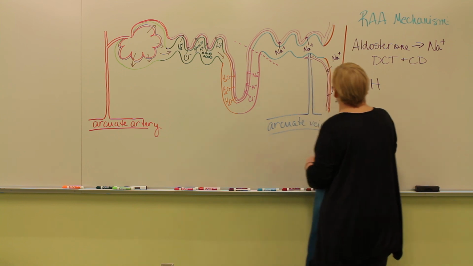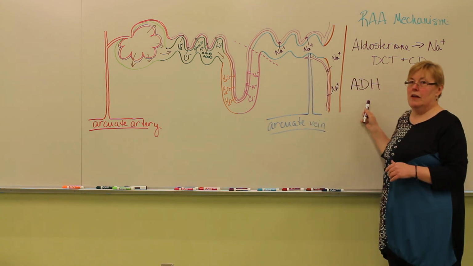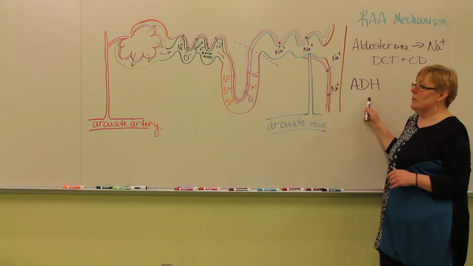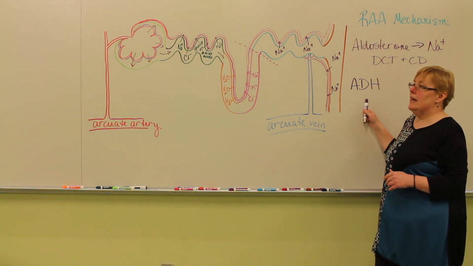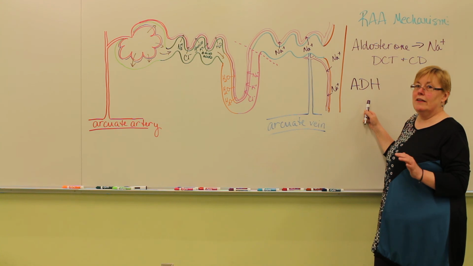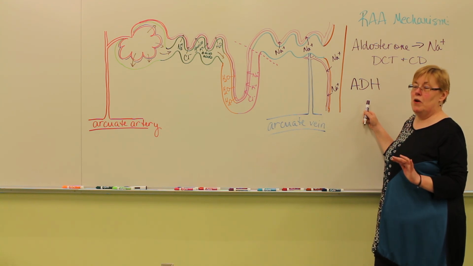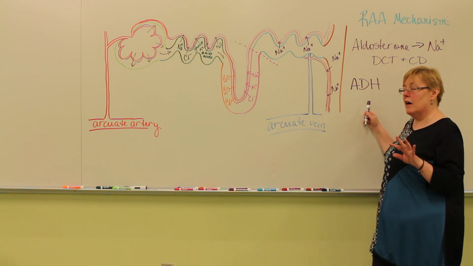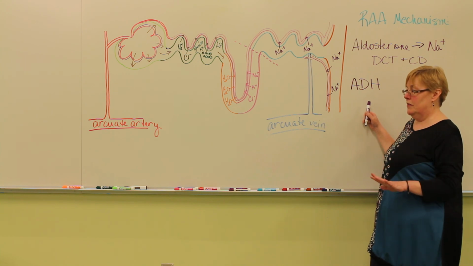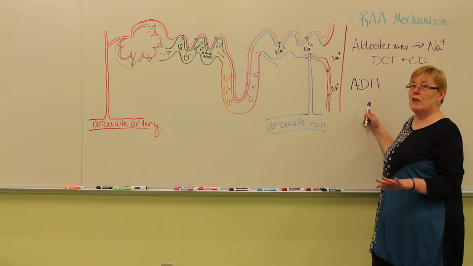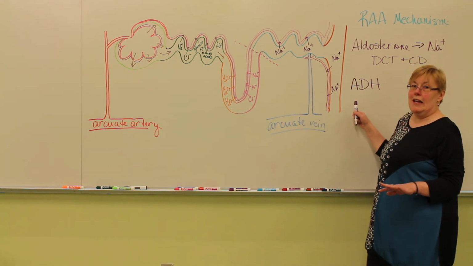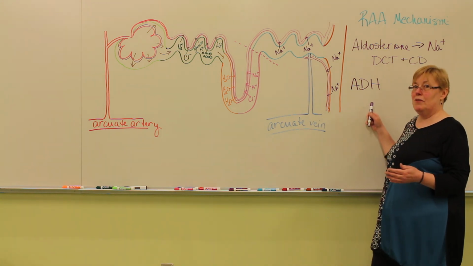Okay, now ADH is another hormone that is released, and this will be released from the posterior pituitary, and ADH stands for anti-diuretic hormone. Okay, so if you think of what a diuretic does, which is essentially it causes you to increase urinary output, something that's anti-diuretic is going to have the opposite effect.